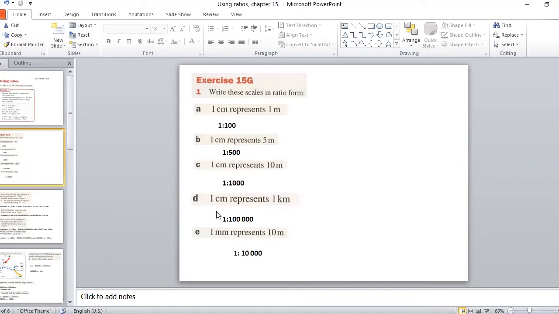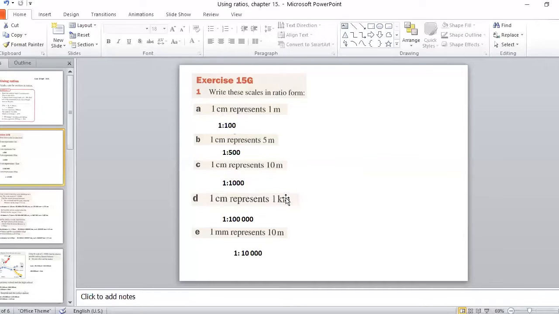Then D, 1 centimeter represents 1 kilometer. 1 kilometer is multiplied by 100, but first remember that 1 kilometer equals 100,000 centimeters, because 1 kilometer equals 1,000 meters. 1,000 meters, on the other hand, equals 100 centimeters each, implying that 1 kilometer will be multiplied by 100,000 in order to show the right scale as a ratio, 1 to 100,000.